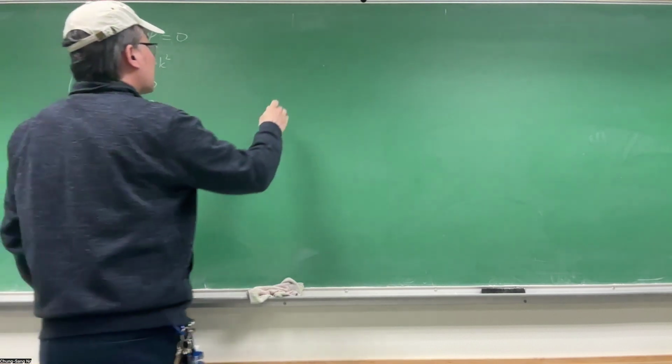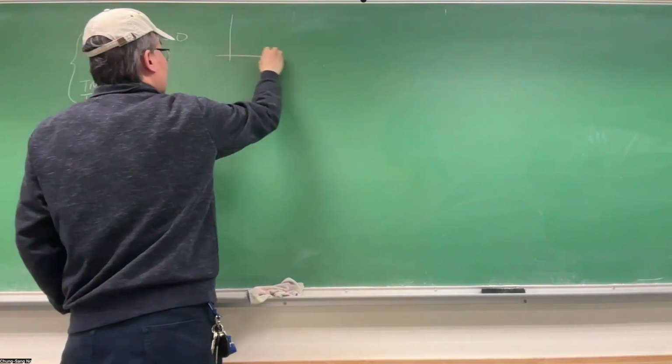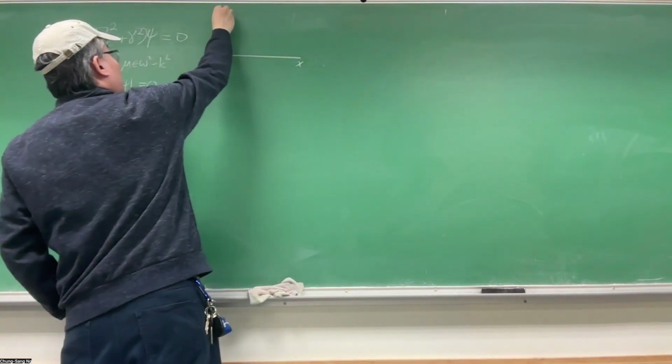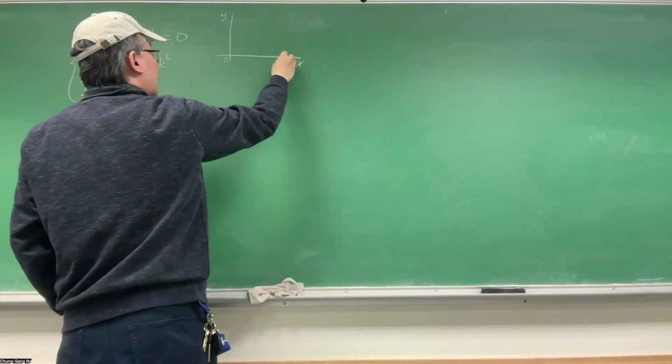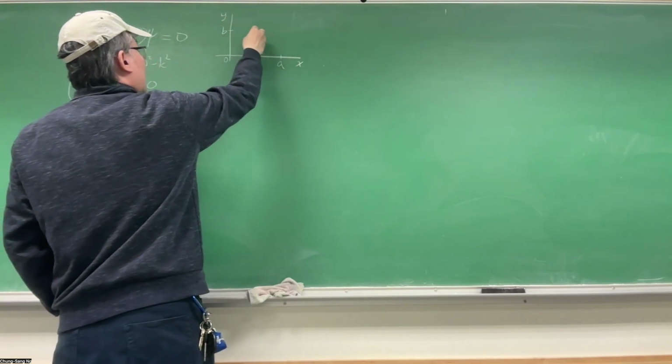Now the rectangular waveguide is just where the cross-section shape is a rectangle. So this is x and y. The waveguide goes from 0 to a along x and 0 to b along y.